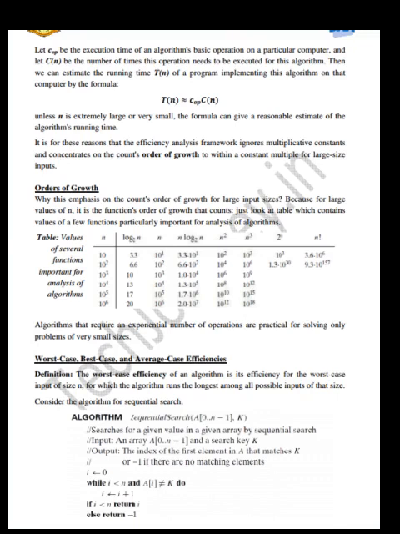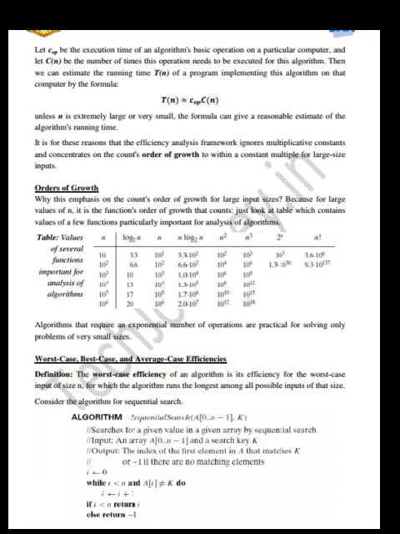Let c_op be the execution time of an algorithm's basic operation on a particular computer, and let C(n) be the number of times this operation needs to be executed for this algorithm. Then we can estimate the running time T(n) of a program implementing this algorithm on that computer by the formula T(n) ≈ c_op · C(n).